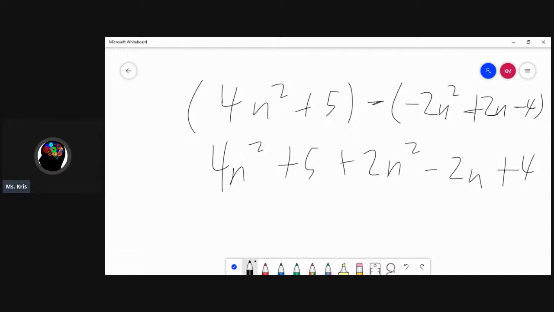Now I can combine like terms and then line them up in order. 4n squared plus 2n squared is 6n squared. Minus 2n. Plus 5 plus 4 gives me a plus 9.